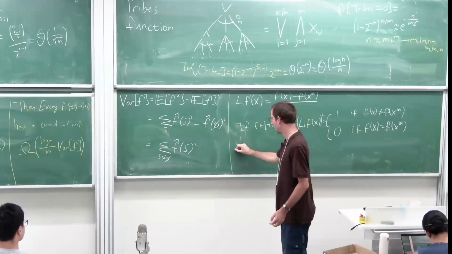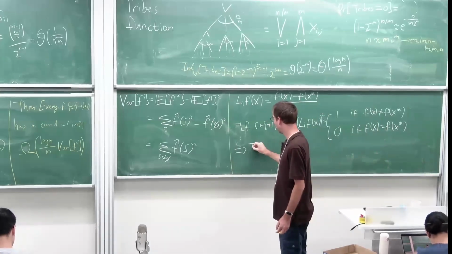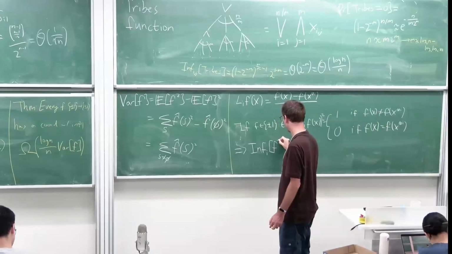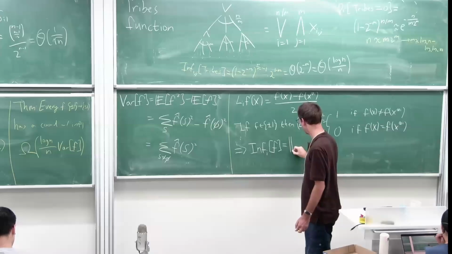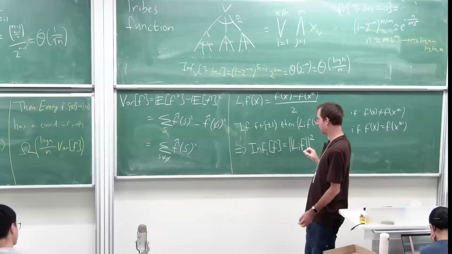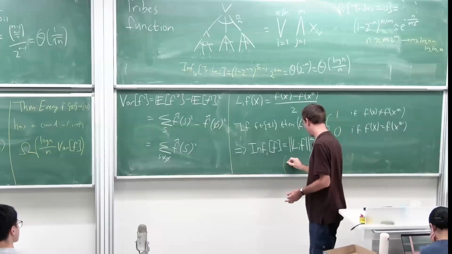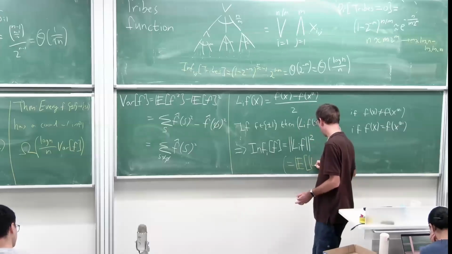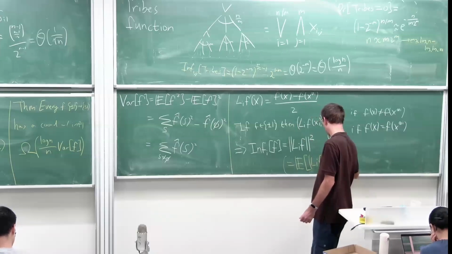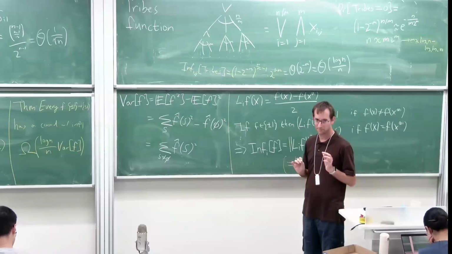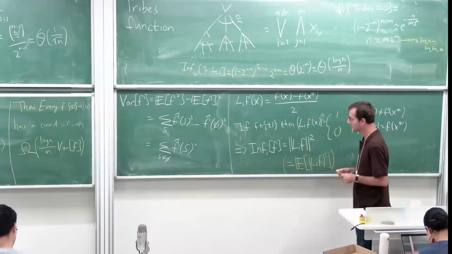This implies that for Boolean f, the influence of i is the same as the L2 norm of L_i f squared, which is the same thing as the expectation of L_i f squared.